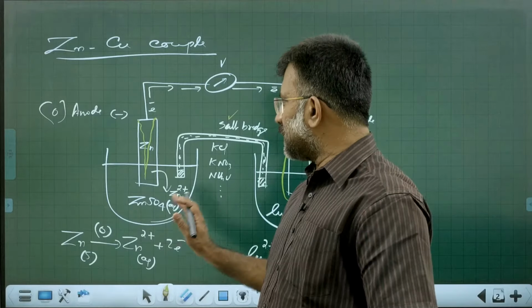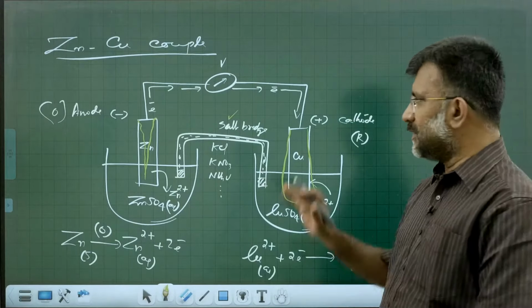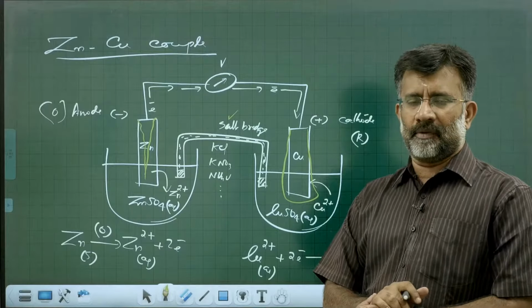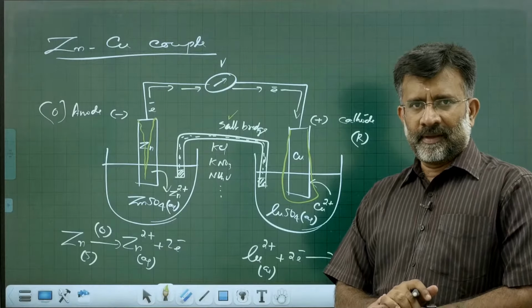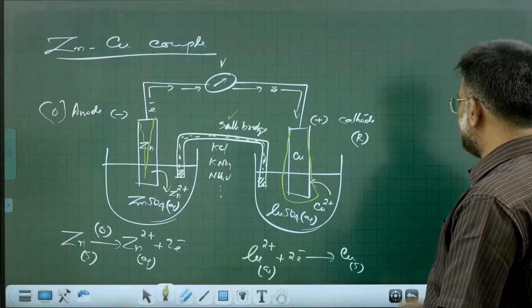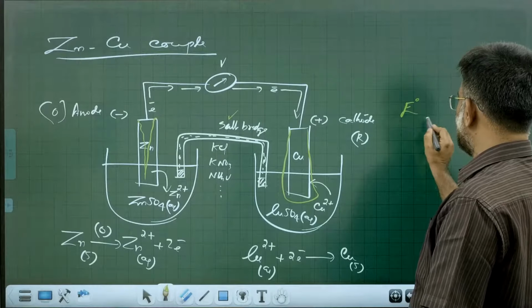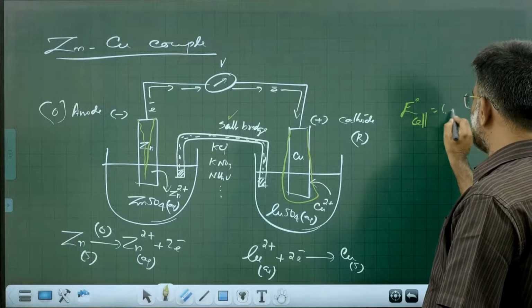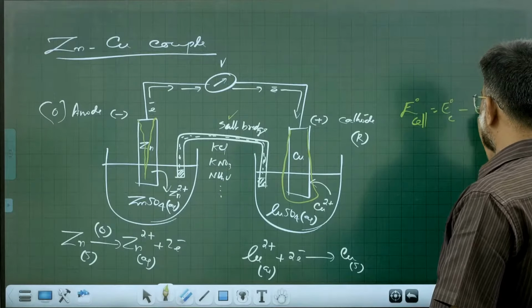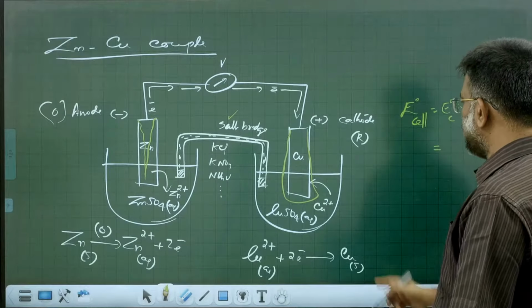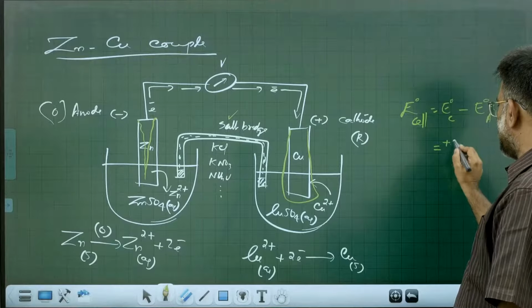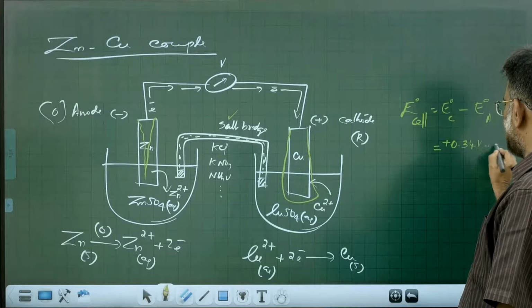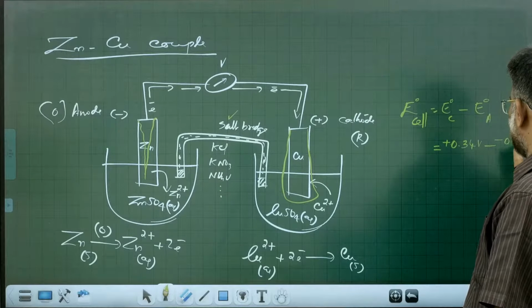This is a typical example of a galvanic cell, which is maintaining a potential difference. E naught cell is equal to E naught cathode minus E naught anode. Here the cathode is copper, whose value is 0.34 volt, and the anode is zinc, with minus 0.76 volt.